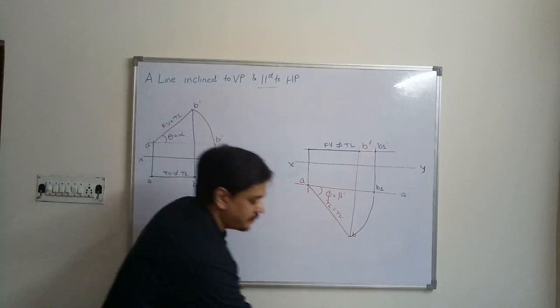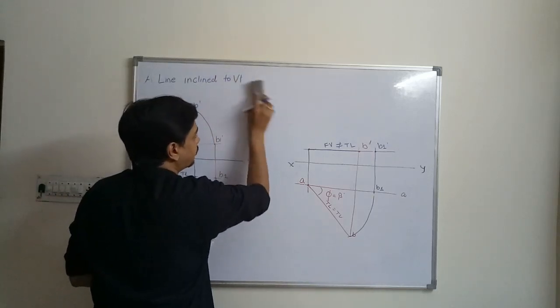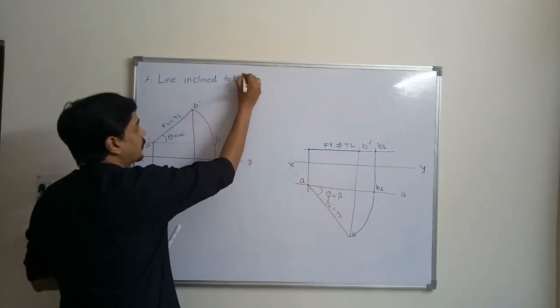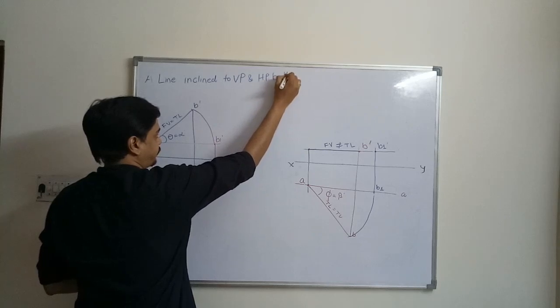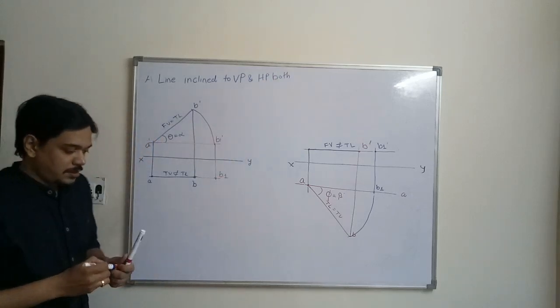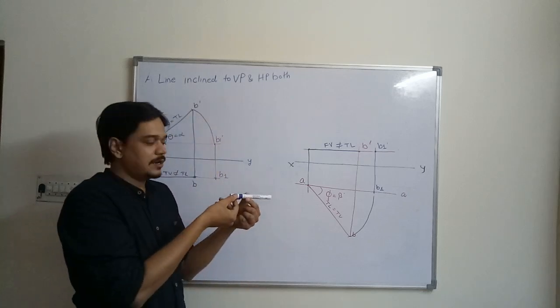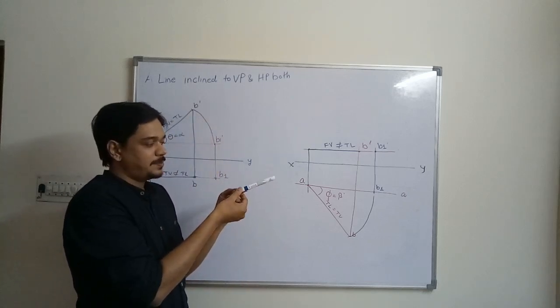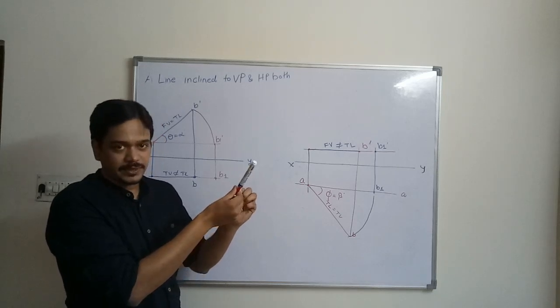Now the next case is the line inclined to VP and HP both. So this is the case that your line is inclined to HP and it is also inclined to vertical plane.